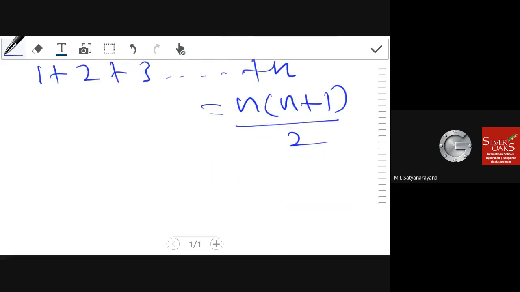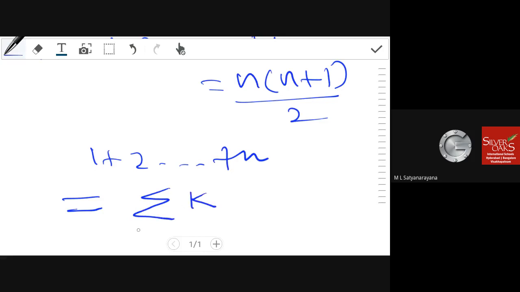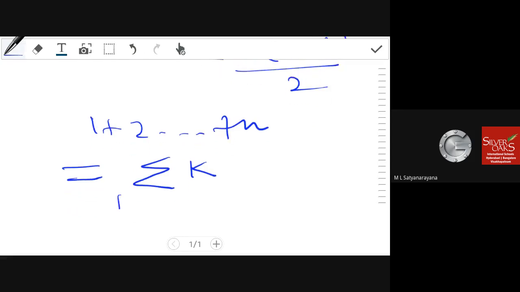This can be written in another way also. Instead of writing 1 plus 2 plus 3 so on up to n, this can be written in one notation called sigma, or you call it summation. You can write sigma k, where k is from 1 to n.